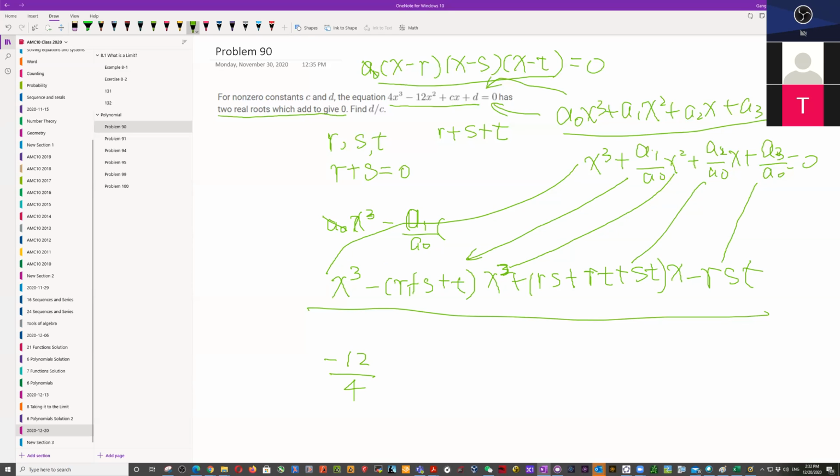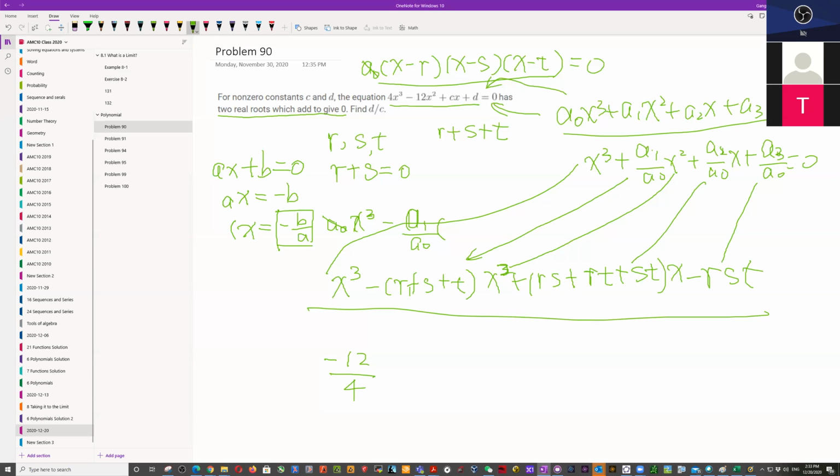So when you have difficulty remembering the Vieta formula, I always resort to the linear function. A linear function is ax plus b equal to 0, if you simplify it this way. So ax equals negative b, and x equals negative b over a. So negative b over a is always true, even starting from the linear. The linear only has one root, so the cyclic sum has to be the whole thing.